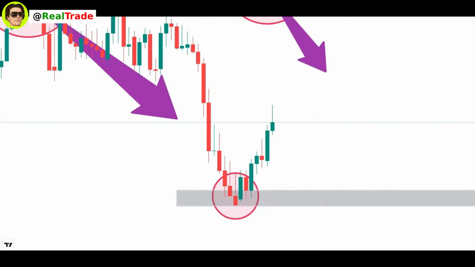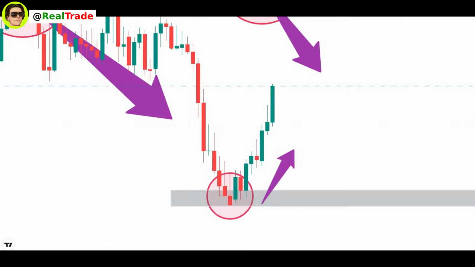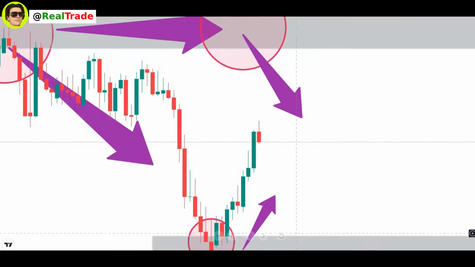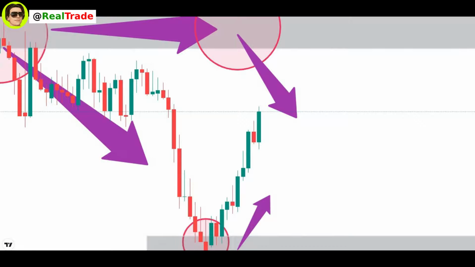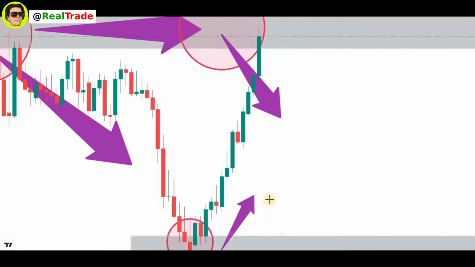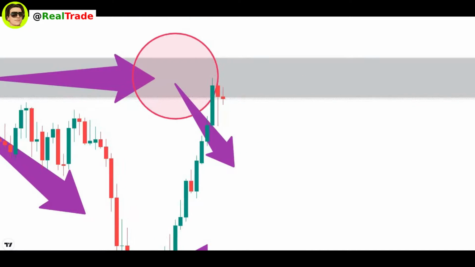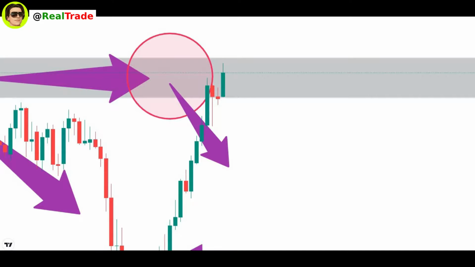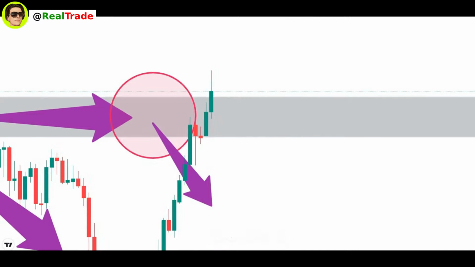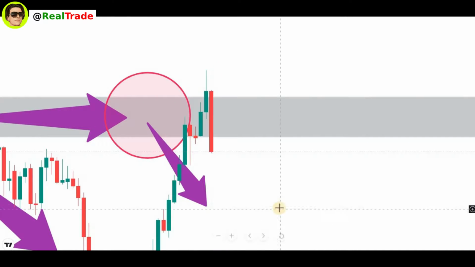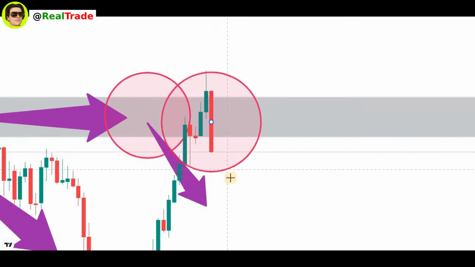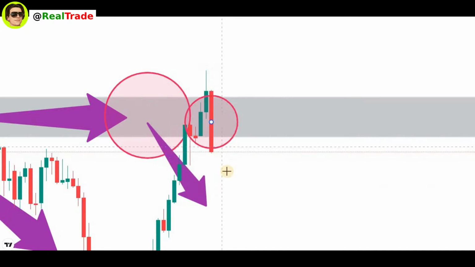Create local support zone, design support zone. Design support zone is very important. Continue this area. This area, wait a return price. Yes, big candle, full candle, return candle on the zone.